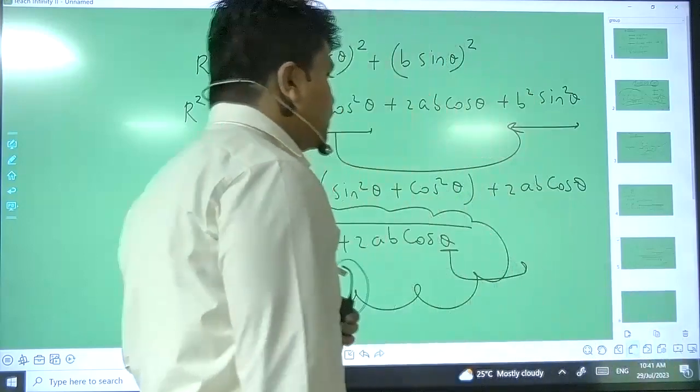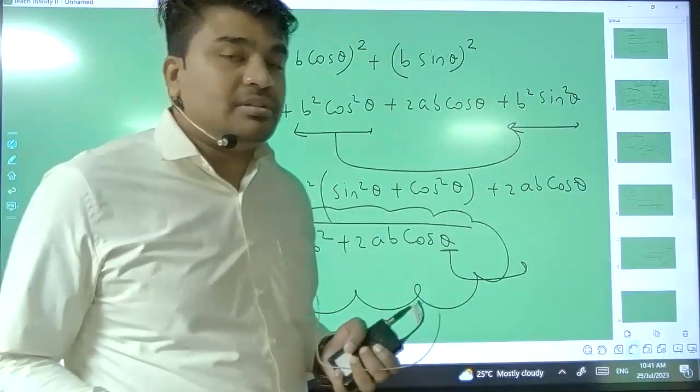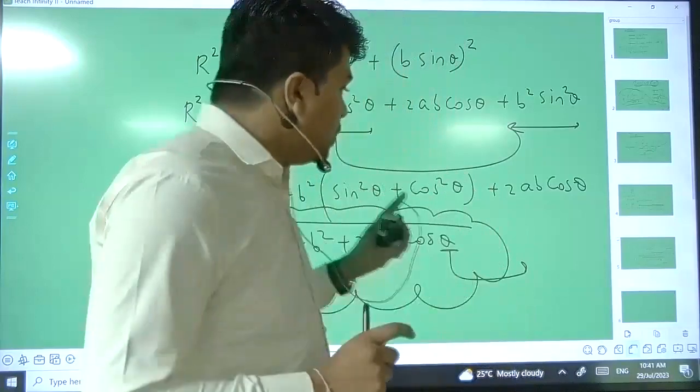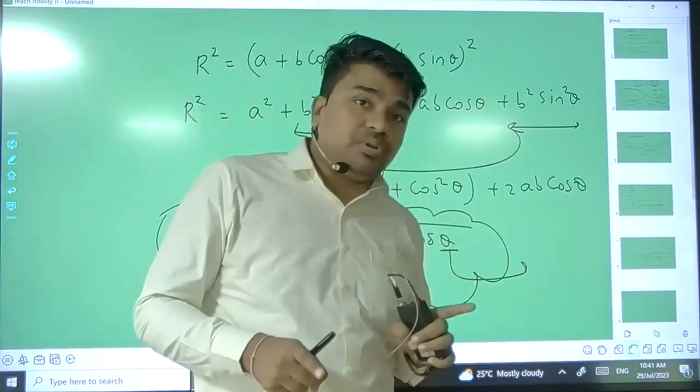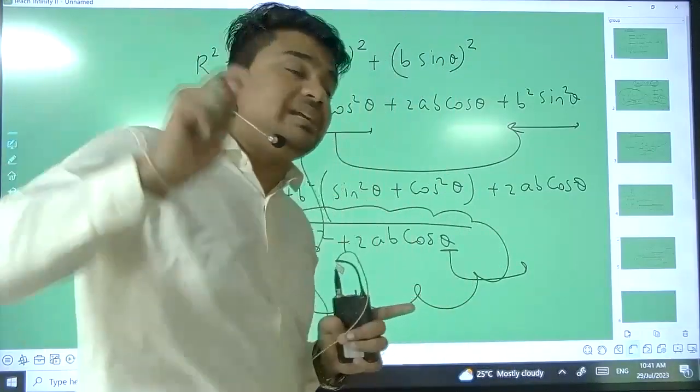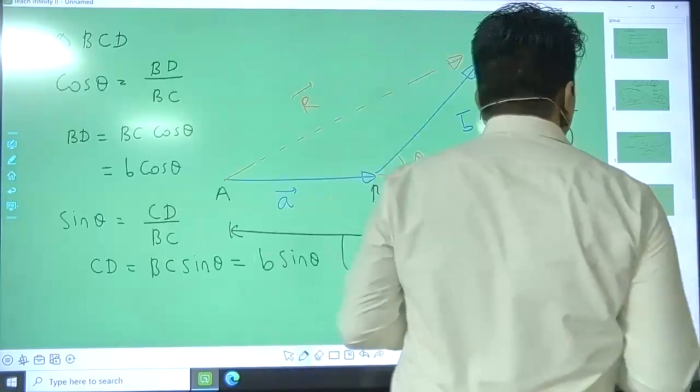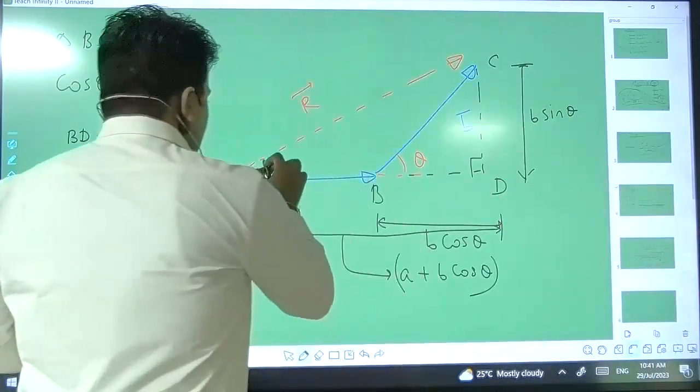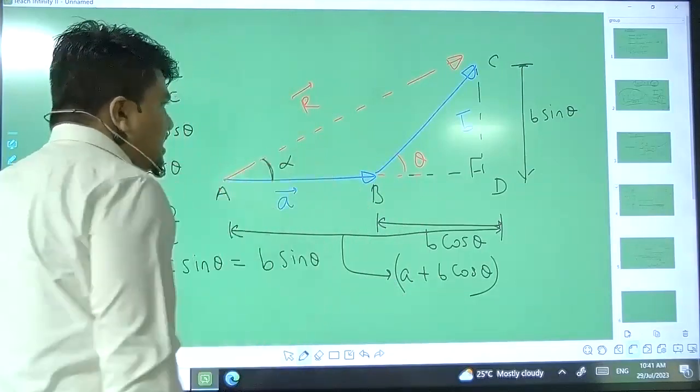Now we are going to find the direction. Here we only have its magnitude. Now we are going to solve for its direction. Let's talk about what the direction is. It means we are going to find this particular angle alpha.